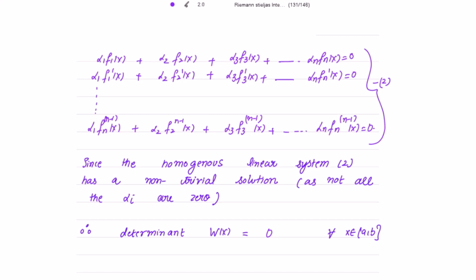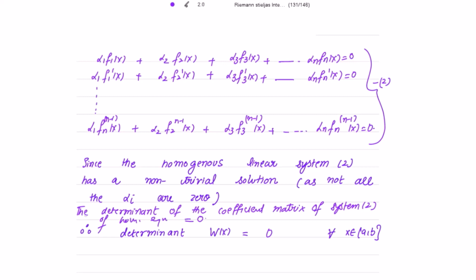Because it has a non-trivial solution, the determinant of the coefficient matrix of system 2 of homogeneous equations is equal to 0.